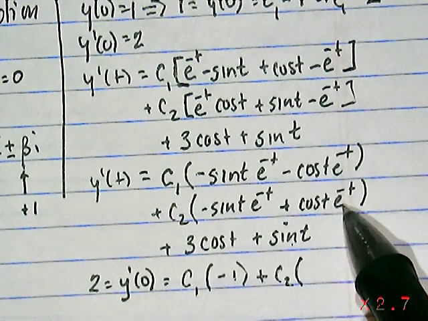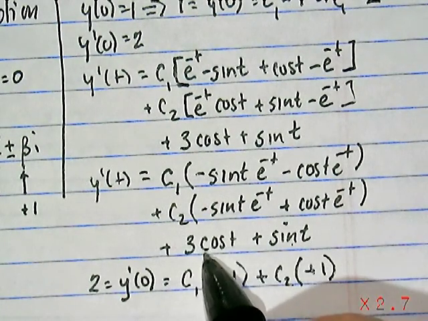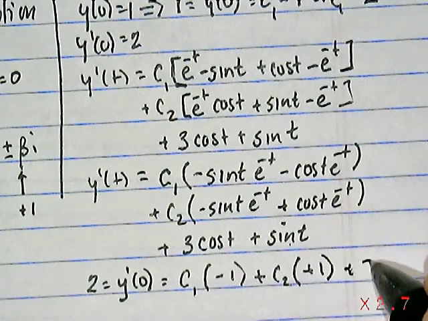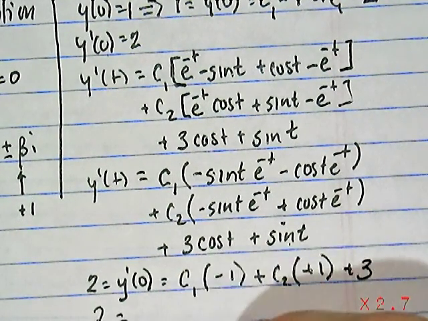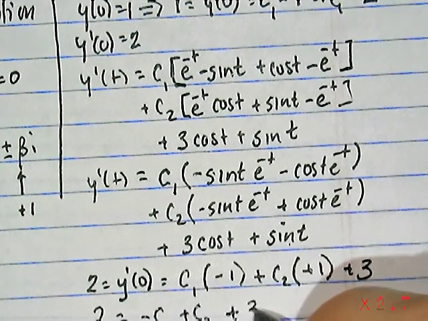That'll be a positive 1. So we'll have plus 1 here. Then we'll have 3 times cosine of 0, which is going to be plus 3. But the sine term will go away. So what we've got is 2 is equal to minus c1 plus c2 plus 3.